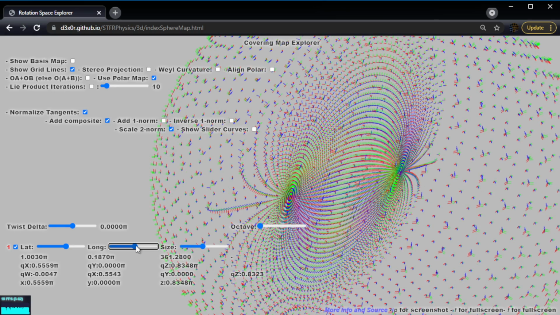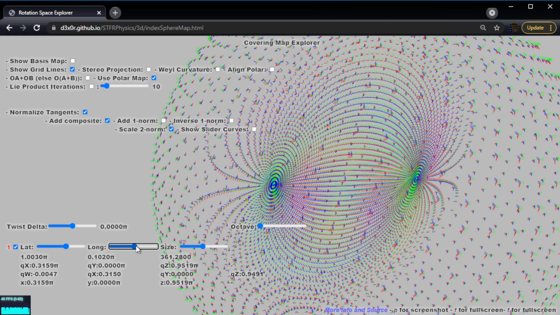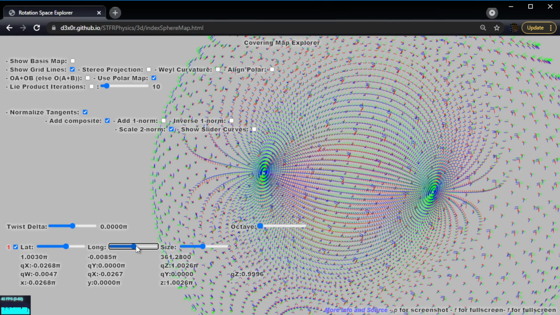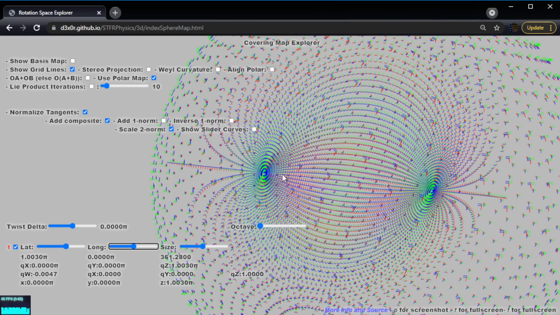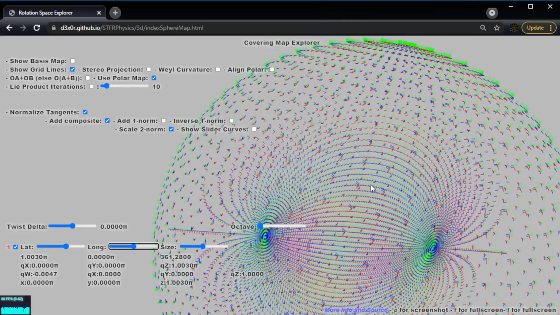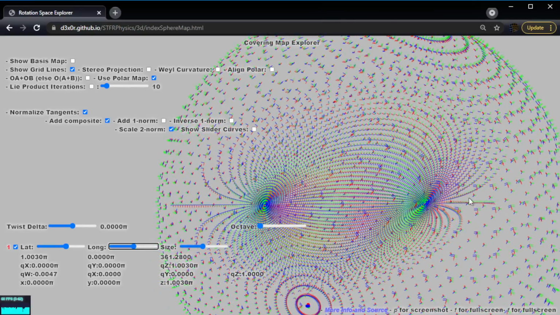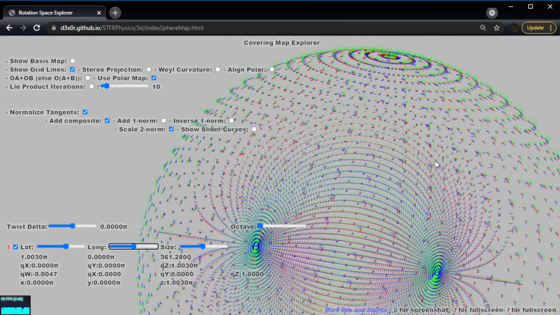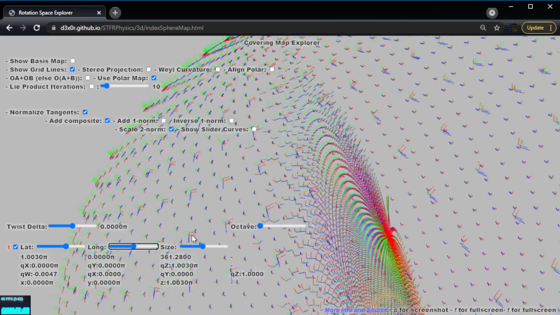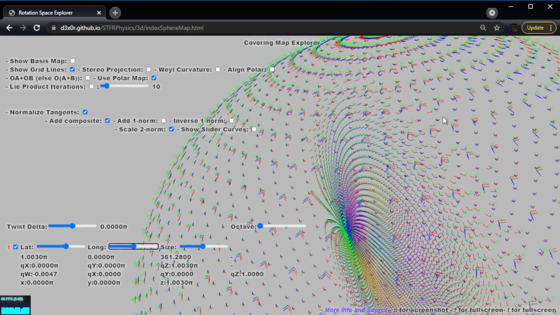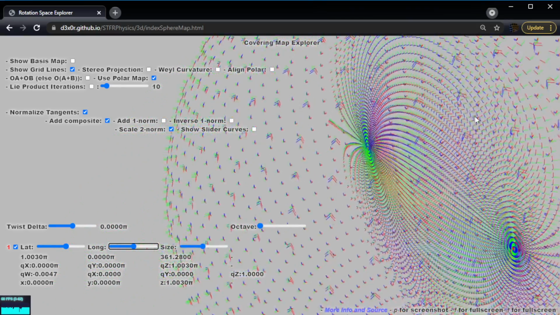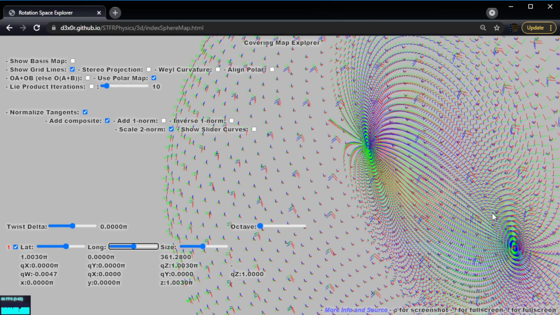If the longitude is exactly 0, I do get this one line that goes out and comes in on this side. Otherwise, they go normally around this direction. But the rate that it goes around the outside is lower and lower. The angular change out here is much faster than the angular change inside.